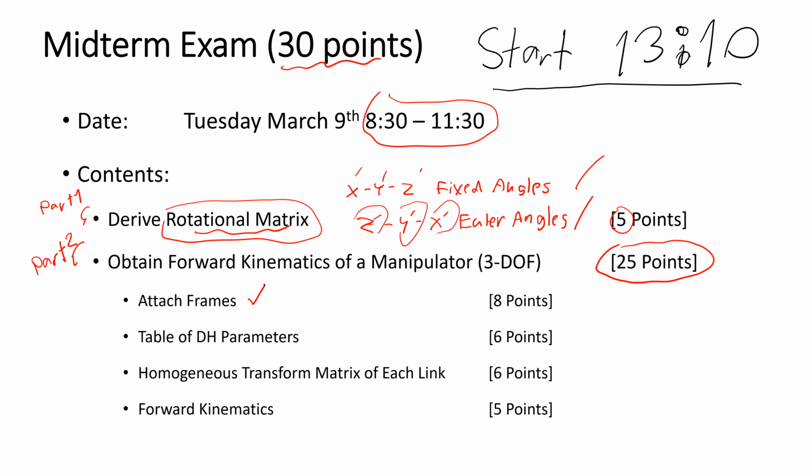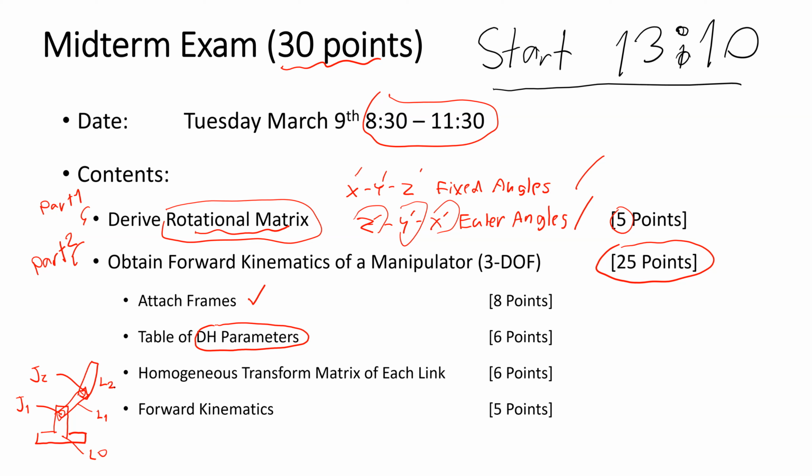And after we attach frames to the robot arm, we learn how to obtain the corresponding DH parameters of each joint. If the robot has, for example, the base link 0, link 1, and link 2, then link 0 has joint 1 and joint 2. This will be link 1 and link 2.